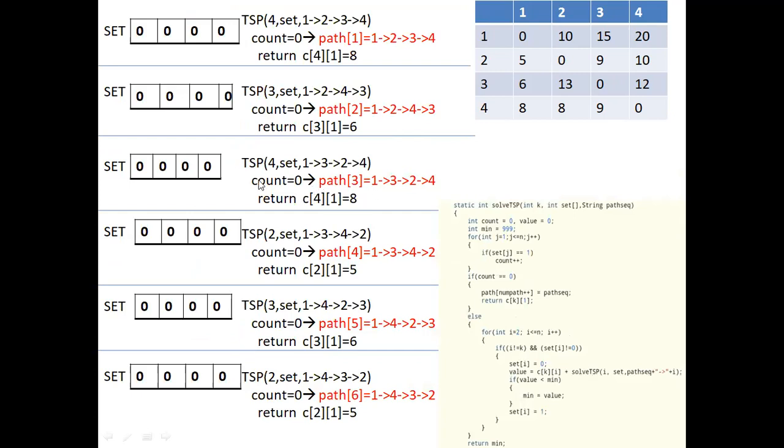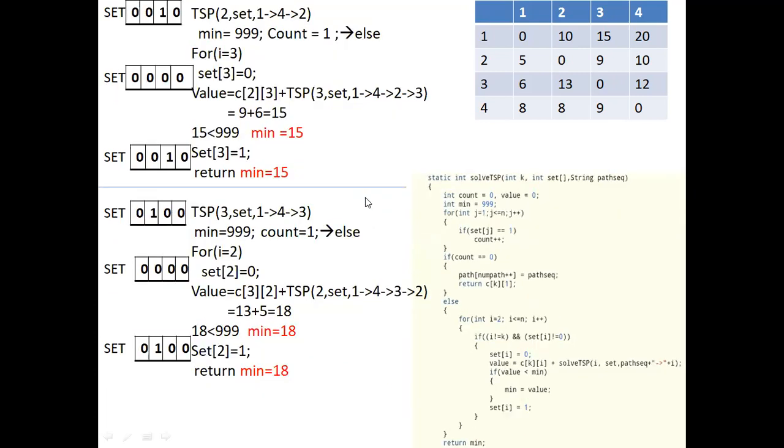As count is equal to 0, we'll increment the third path available over here, and then we will return the cost from the end vertex to the initial vertex, which is 8, from where it is called.